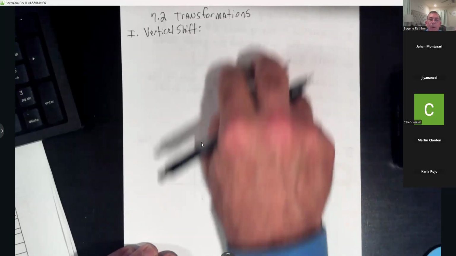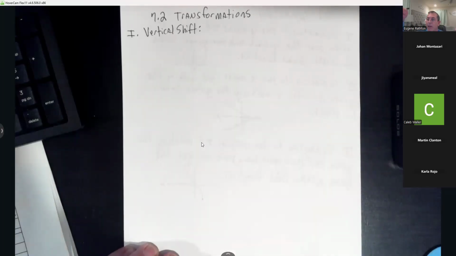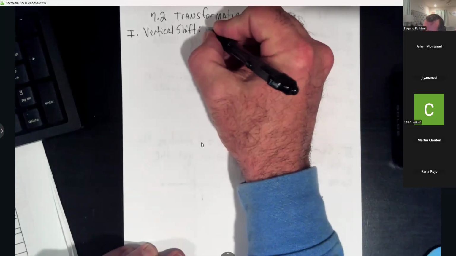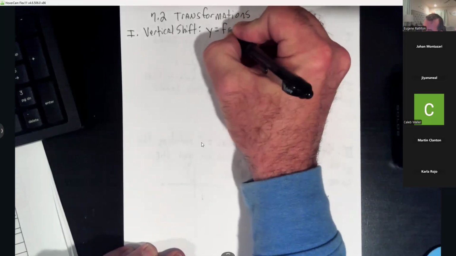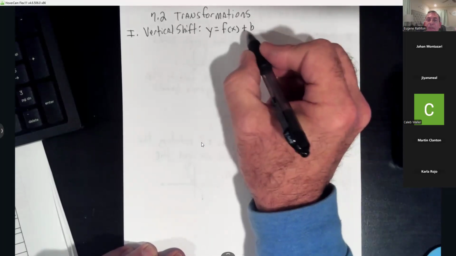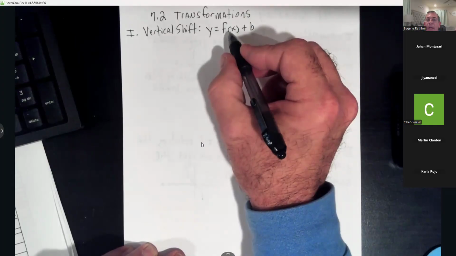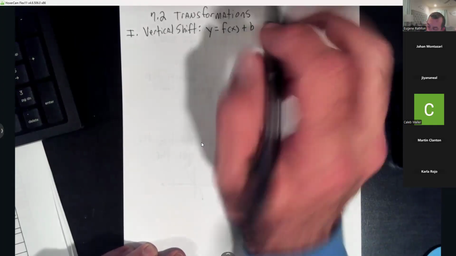So vertical shift, I'm moving the graph up or I'm moving it down, okay? Straight up or straight down. So to get a vertical shift, we have y equals f of x plus or minus some number. So you got your function and you're adding or subtracting a number from it.